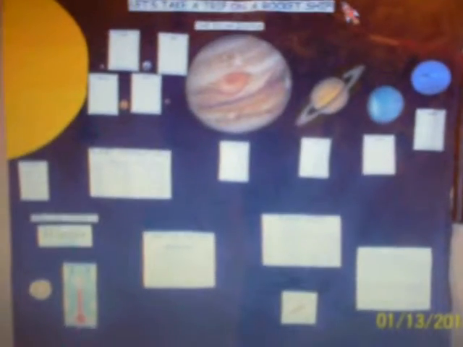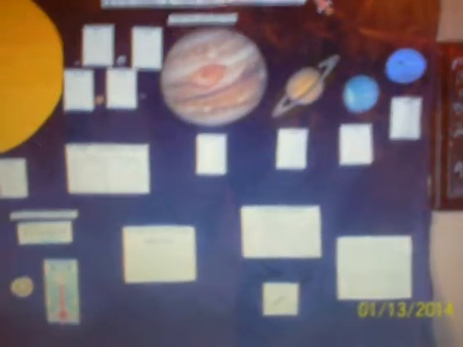For the second week of the thematic unit, I made an interactive science board. Here it is. Again, it's titled Let's Take a Trip on a Rocket Ship.